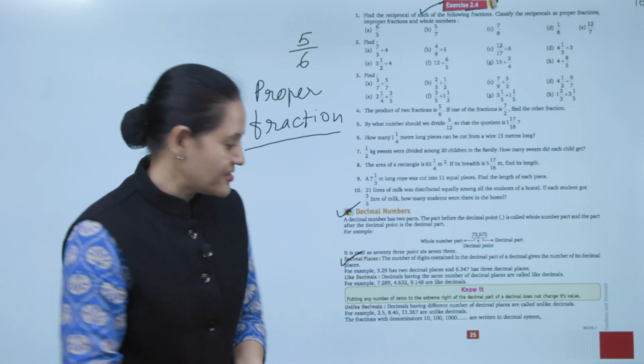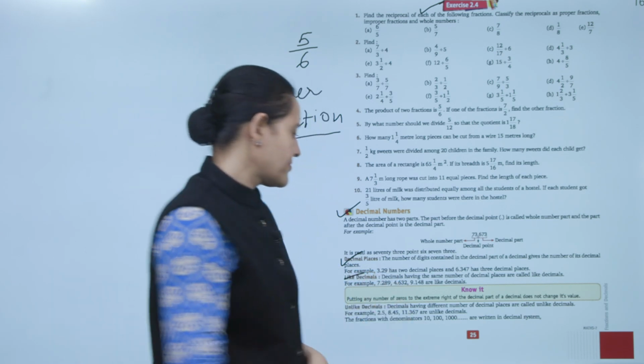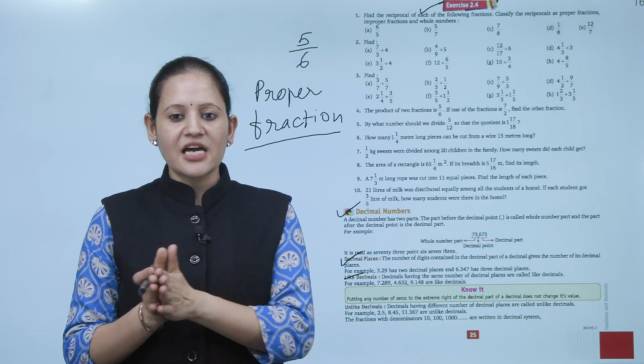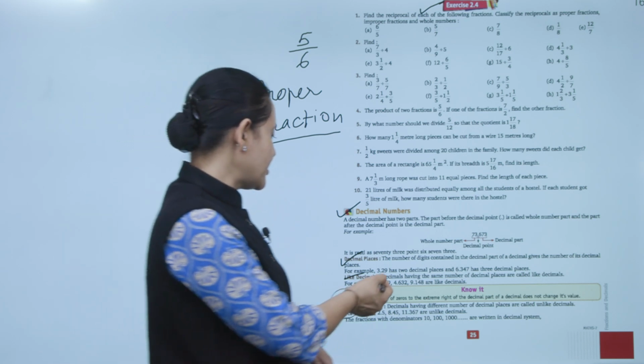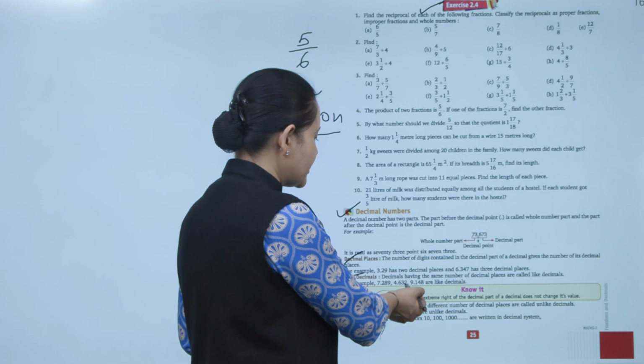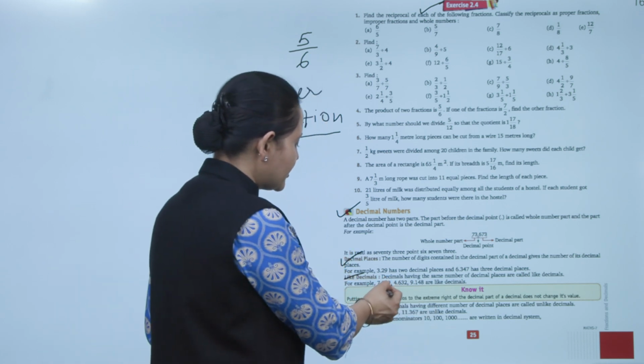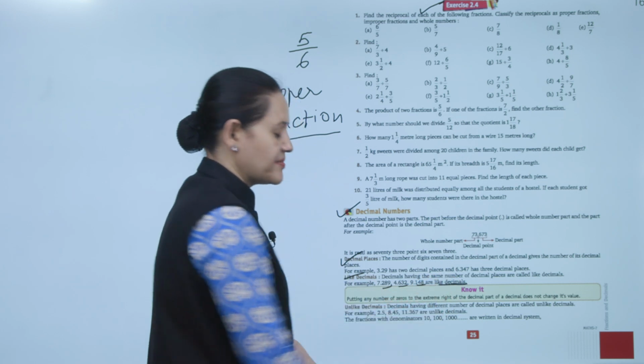Next is like decimals. Decimals having the same number of decimal places are called like decimals. For example, 7.289, 4.632, 9.143 all have 3 digits after the decimal, so they are like decimals.